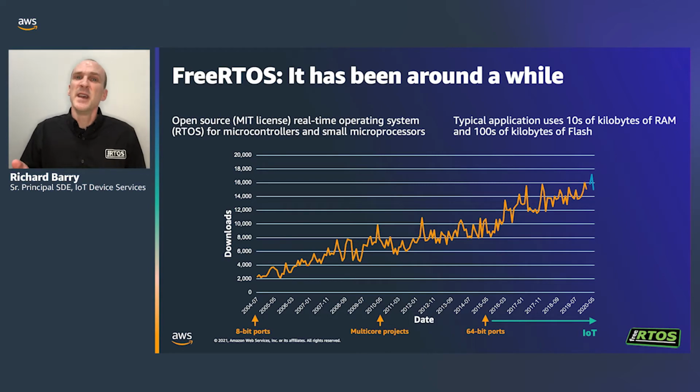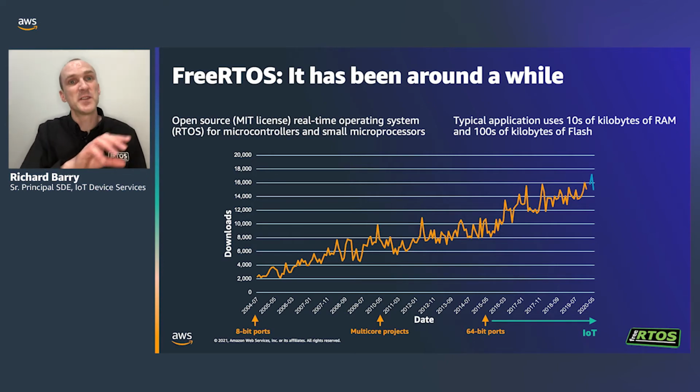Itself requires roughly 10 kilobytes of program space, and it requires tens of bytes of RAM. Typically, an application that FreeRTOS gets used in would be a few hundred kilobytes to a megabyte of program space and a few hundred kilobytes of RAM, but this is a very, very broad spectrum. So that's just the average.